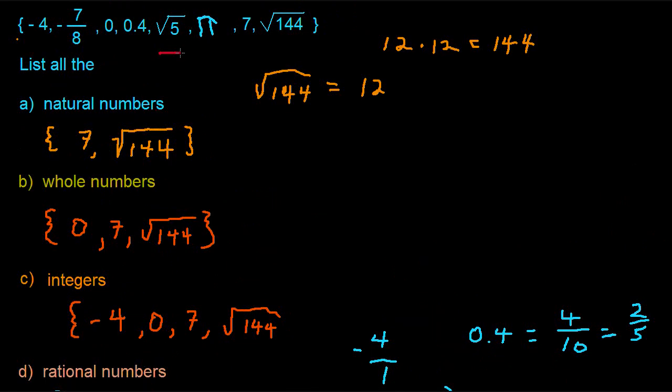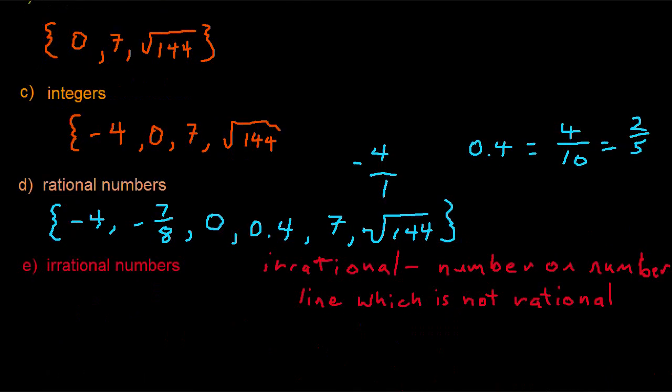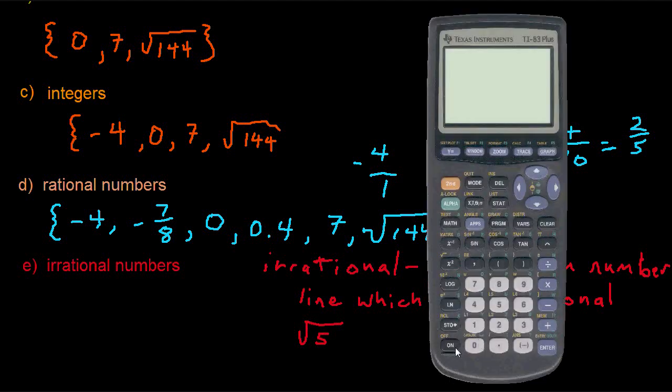For example, we have the square root of 5, and so let's take a look at it by taking the square root of 5 with a calculator. We see it is a number that would be on the number line, but this is being rounded to 9 decimal places, and you see there's no pattern that repeats, and it really goes on and on forever.